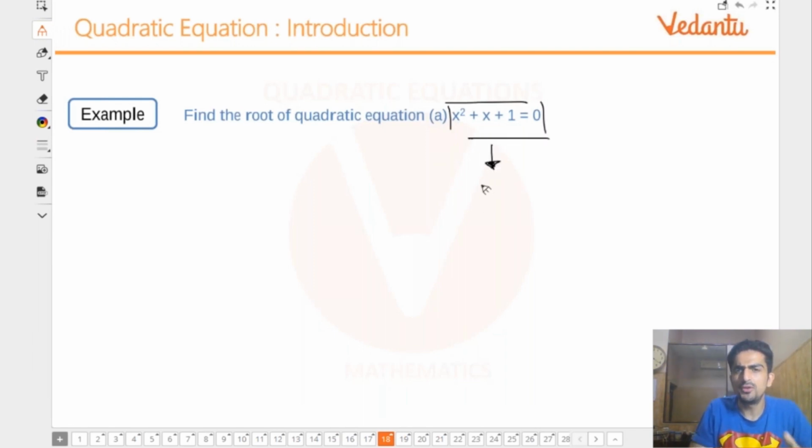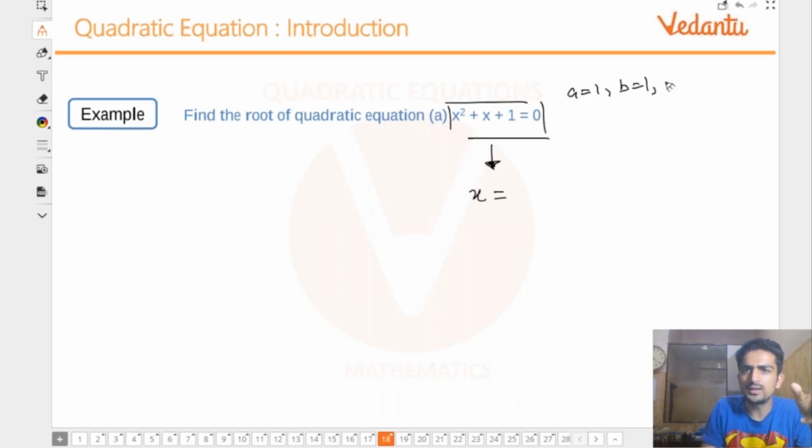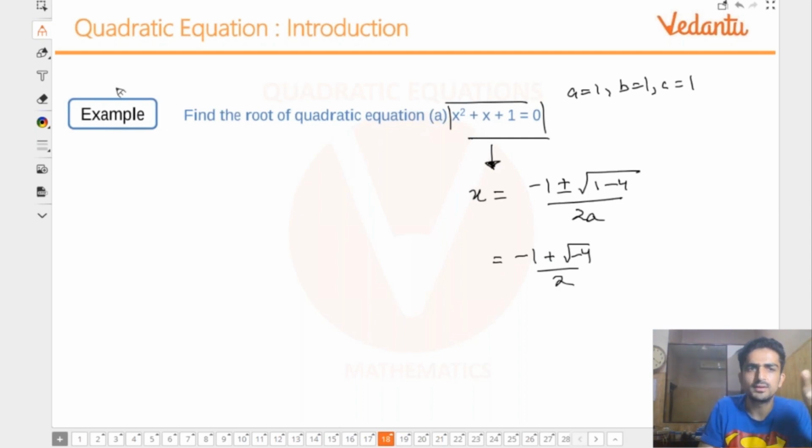It will be difficult to factorize it, so we will straight away write the formula. Here a is 1, b is 1, c is 1. So minus b plus minus root of b square minus 4ac by 2a. One root comes out to be this, and another root comes out to be this.